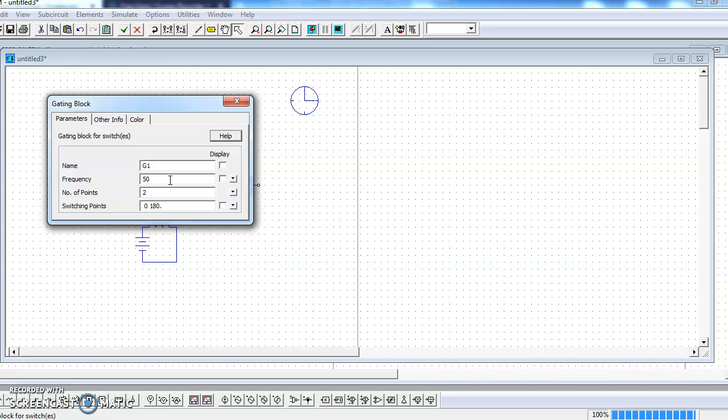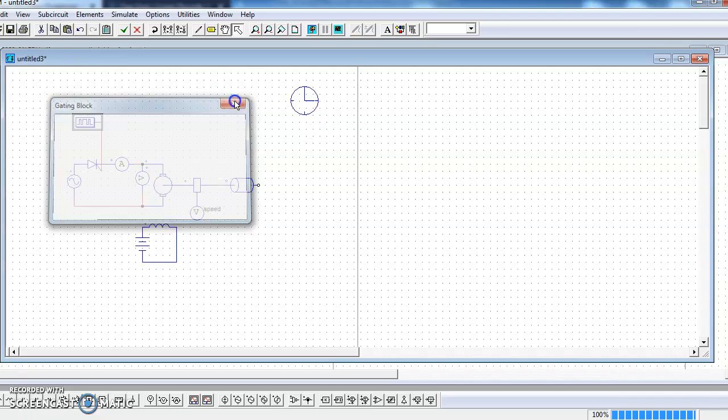Whatever input frequency you give to your sinusoidal voltage, the same frequency you have to give to the gating block. This is mandatory. And if we are designing the circuit for a 30-degree firing angle, then the number of switching points we give here is 2: one for switching on and one for switching off. So 30 degrees is the on point and 180 degrees is the off point.